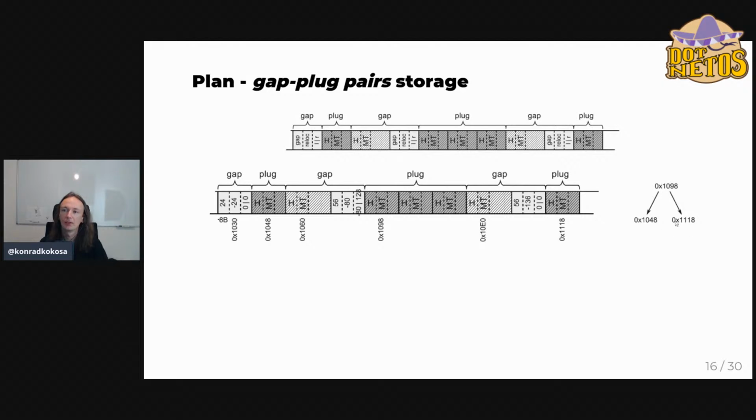This binary tree is balanced, or at least the GC tries to build a balanced tree to have optimal navigation through all the plugs. So those left-right offsets allow us to find the plug.